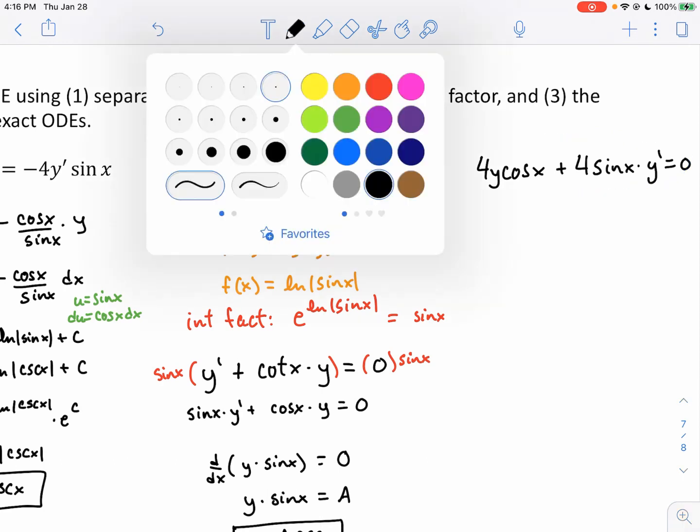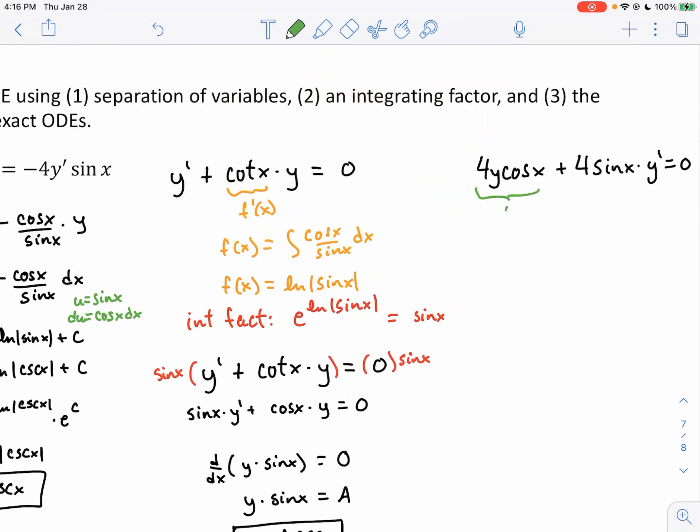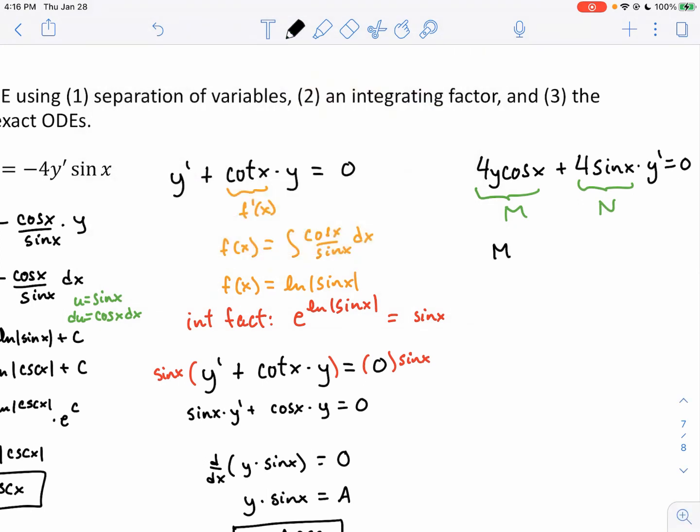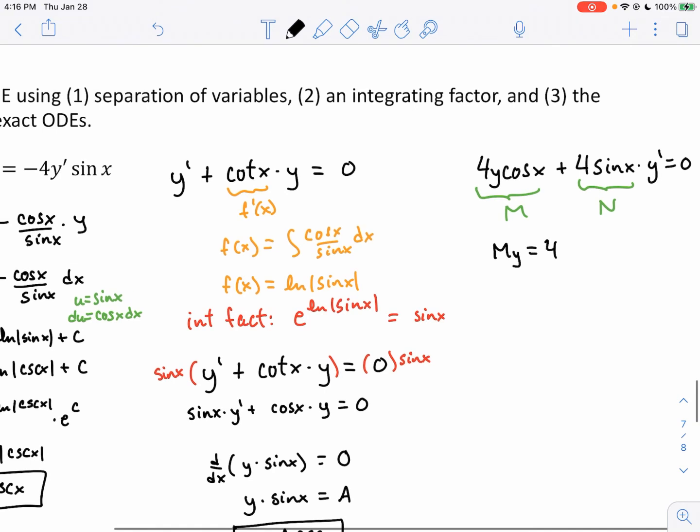So I'm going to identify the capital M function and the capital N. Let's just verify again that it's exact. If I do M sub y, the derivative of M with respect to y, I get 4 cosine x. And if I differentiate N with respect to x, I get 4 cosine of x as well. So this tells us that we do have an exact equation.